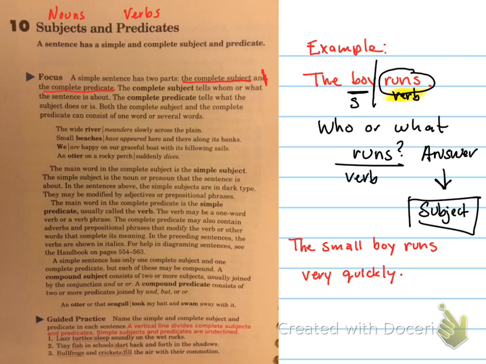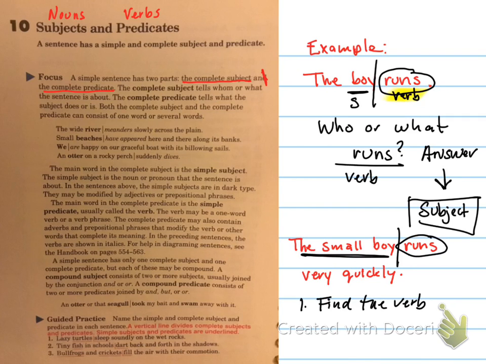My number one step that I always want to do in subject and predicate is find the verb. That's why you have to know what a verb is to do this. So I know my verb is my action word here, and it is runs. I'm going to ask myself who or what runs very quickly. My answer is the small boy.